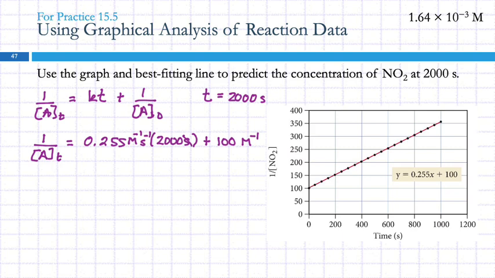So our seconds cancel the reciprocal seconds. And we have 1 over molarity plus 1 over molarity. We can add these numbers together. So 1 over A equals those numbers added together, which would be 100.255.